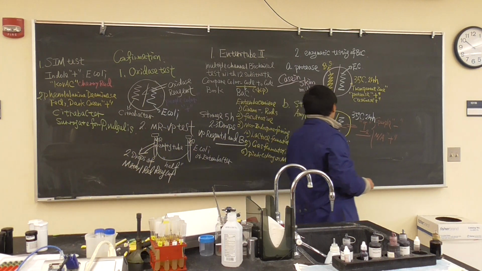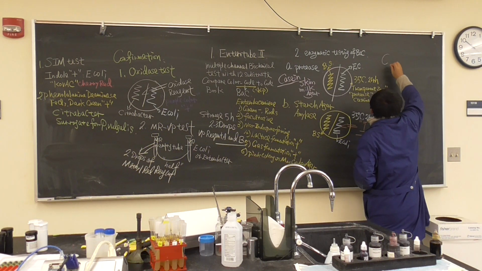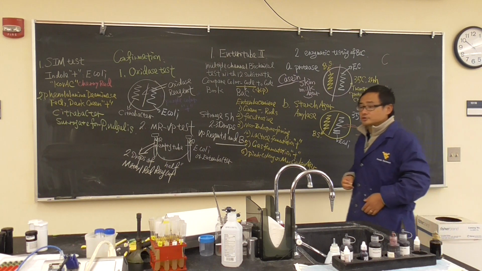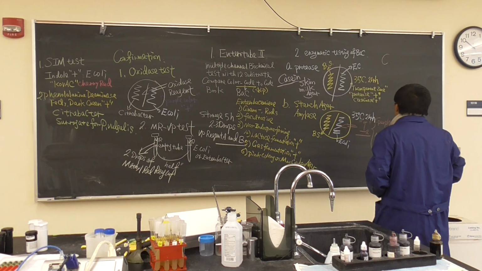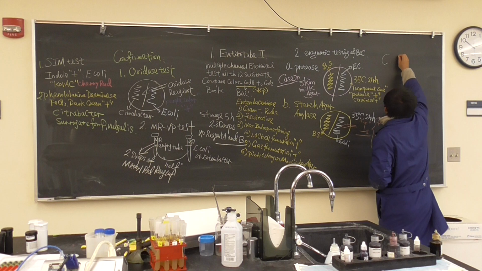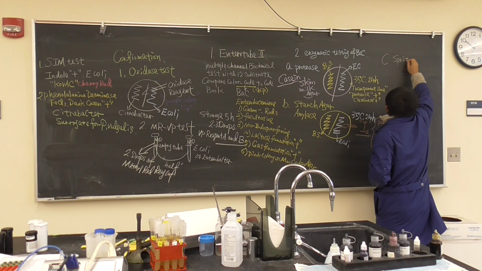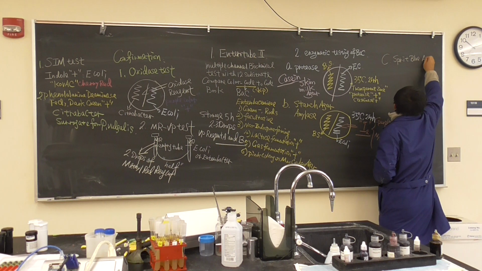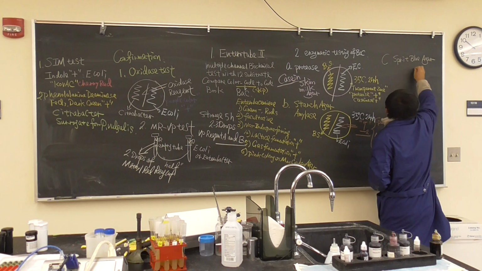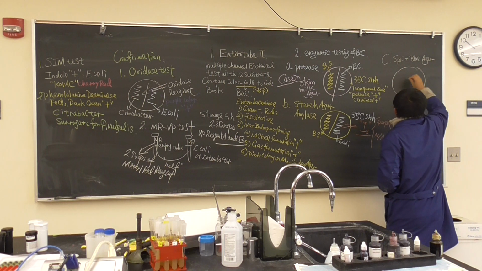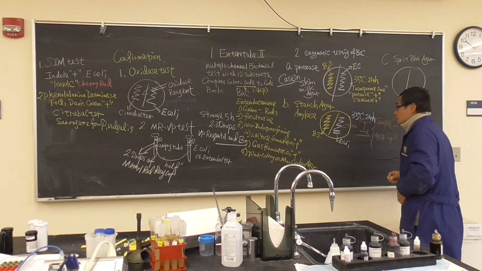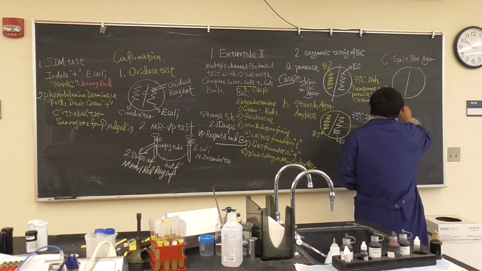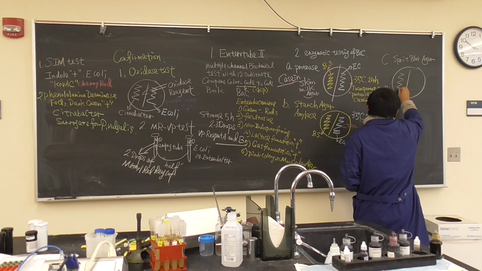So that's a little bit twisted from your mind. Okay, last one, what we're going to do. Some bacteria could use lipids. So we have an agar called spirit blue agar. In this agar we are going to do the same thing, but a little bit different. On the left side, you streak with Staphylococcus aureus.